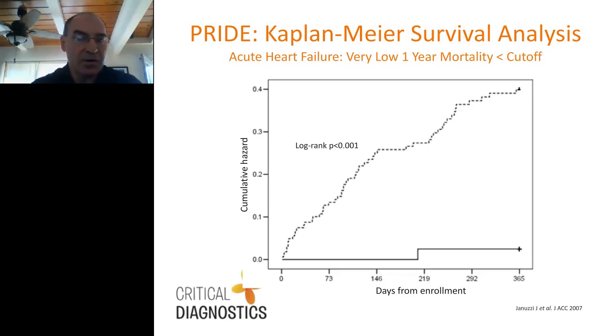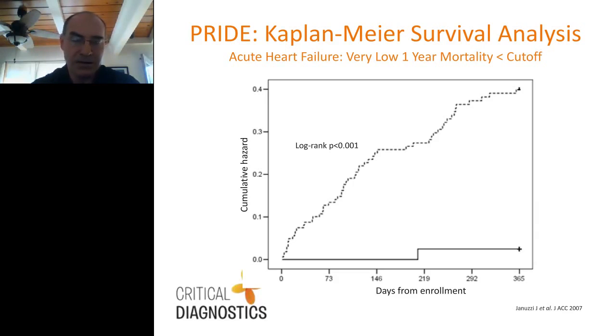So the solid bar shows that below a certain concentration, only one patient died in 1 year, and that patient died after 6 months. So it shows that even though they're sick and presenting with disease, in this case we're only looking at the patients with acute heart failure.